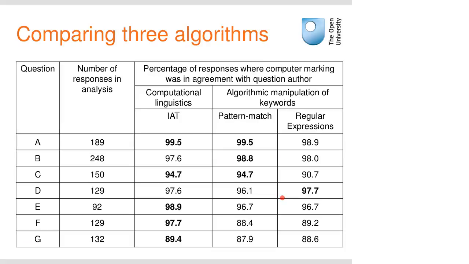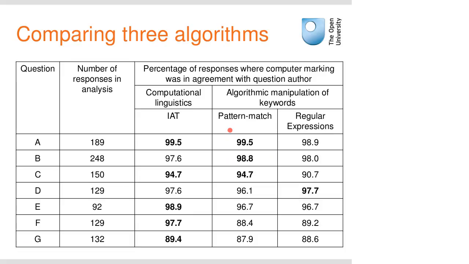Because this was commercial software, we had to pay for it. And we remembered we had this algorithm called pattern match that we were using in other software to grade much shorter answers, just one or two words. We decided to see if this pattern match system could also grade full sentences.